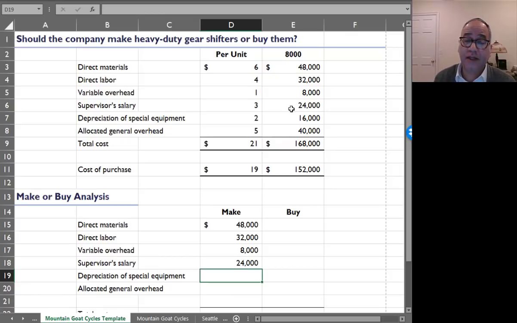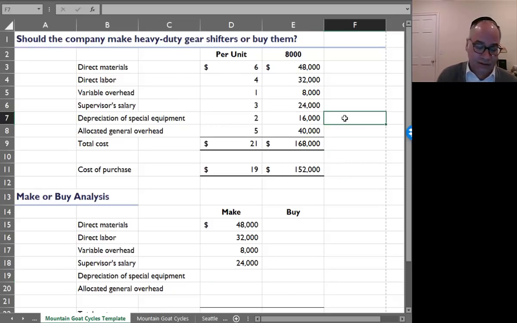And you know what else is going to be there? Allocated general overhead. That's going to be there anyway. So this special equipment, its depreciation, it's there. So I paid for it. It's a sunk cost. And allocated general overhead is a common cost.